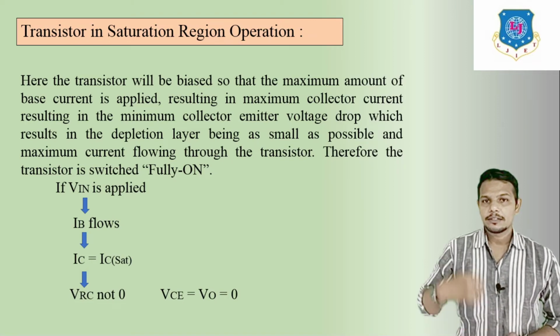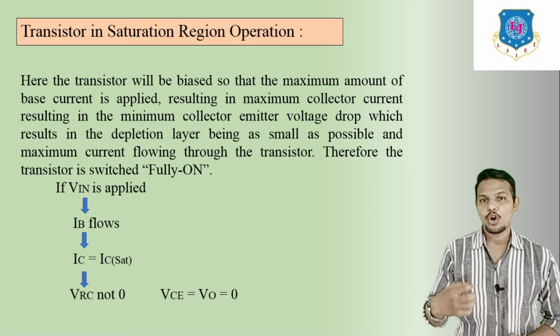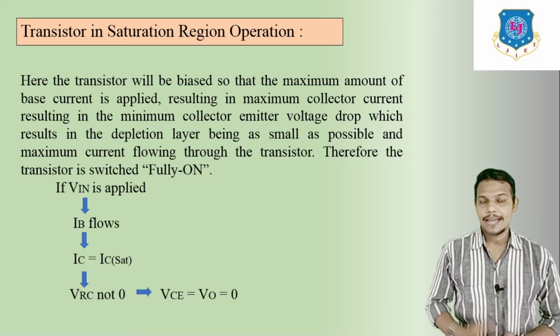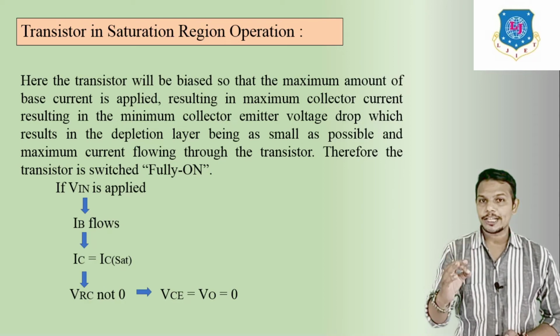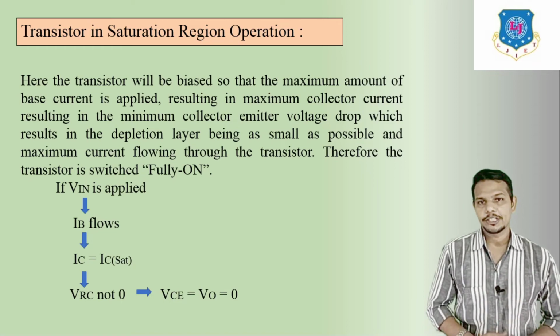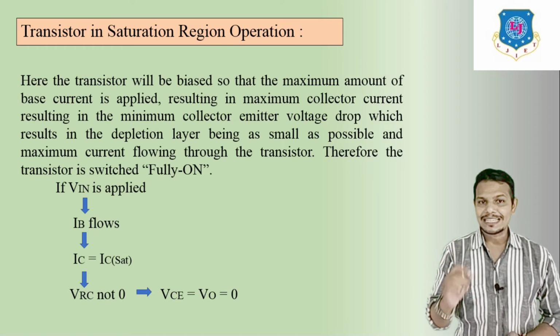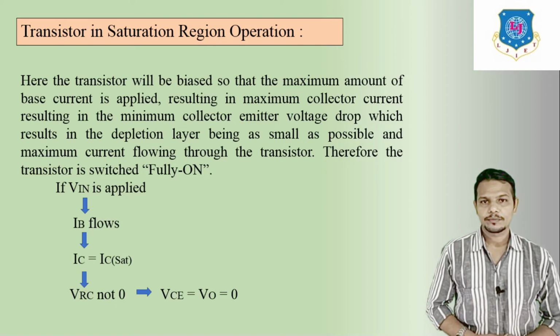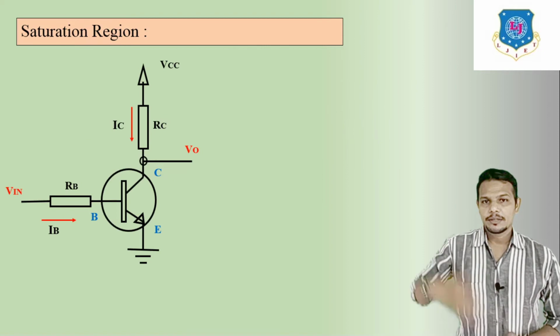That means there will be a voltage drop across that collector resistance. If there is a voltage drop present, VCC is not equal to your output voltage. That means VCE is equal to VO, which is approximately 0. So be specific.